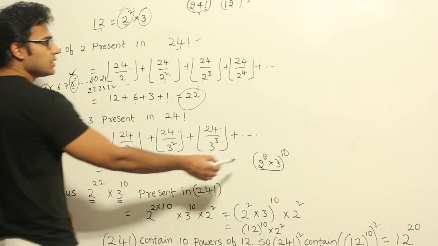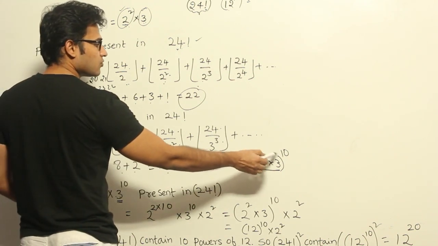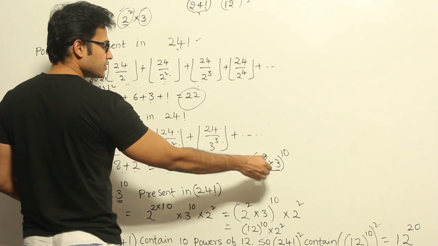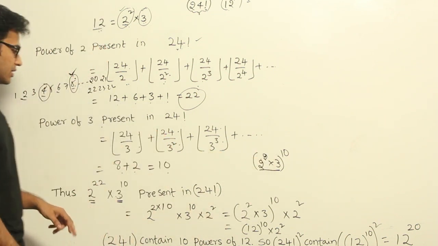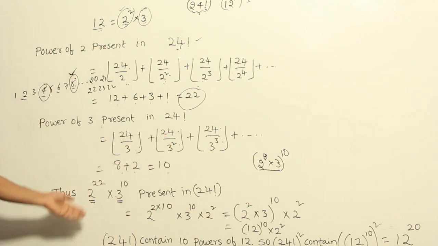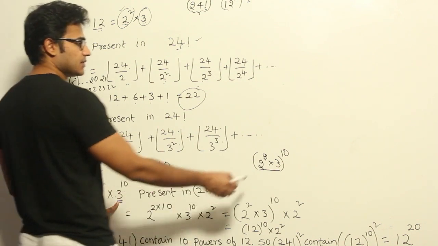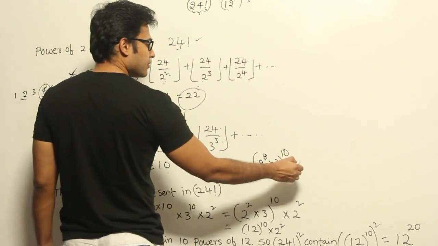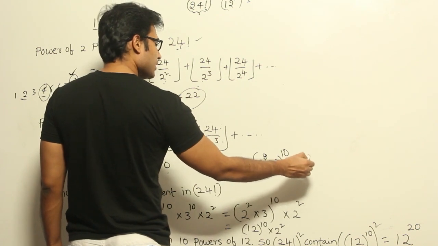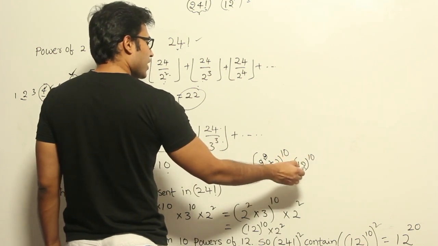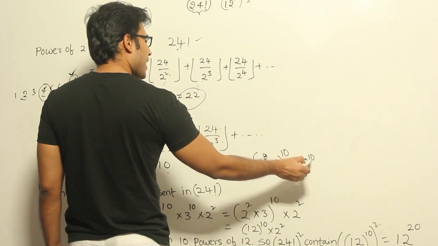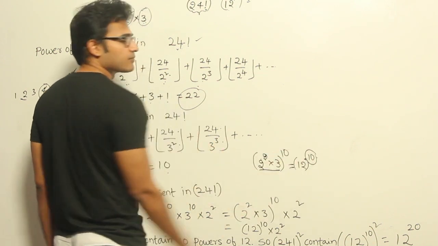And then why 22's? Because in order to form 12, I need 2 2's with every 3, right? Even though I have 22 2's, the extra 2's are useless, right? So depending on the number of 3's, I am getting this. Now this is nothing but 12 power 10. Now if you understand it, in 24 factorial I have a maximum of 12 power 10.